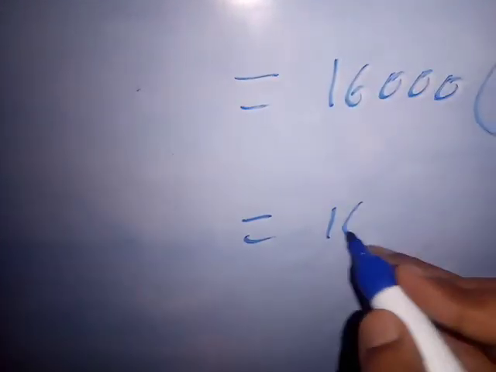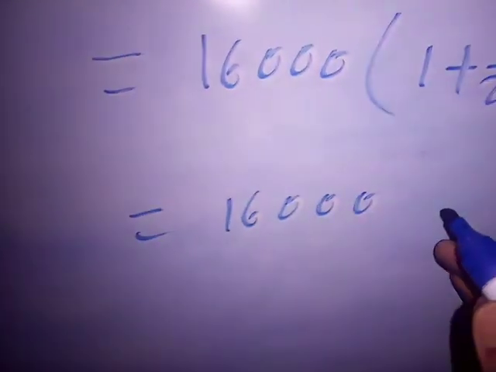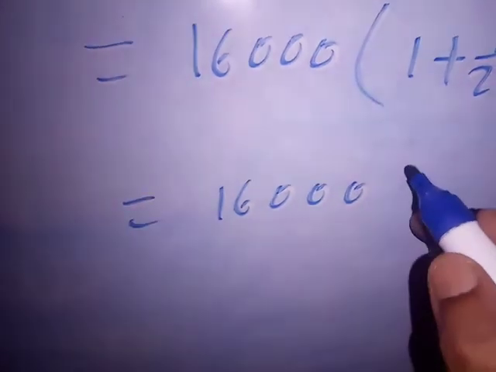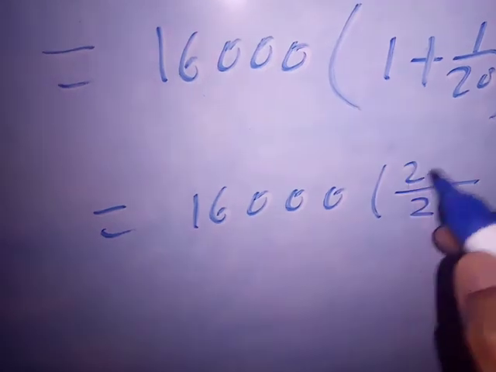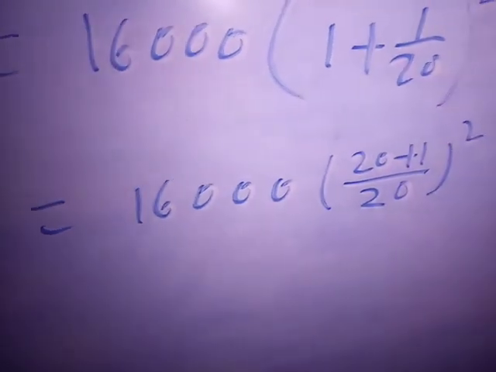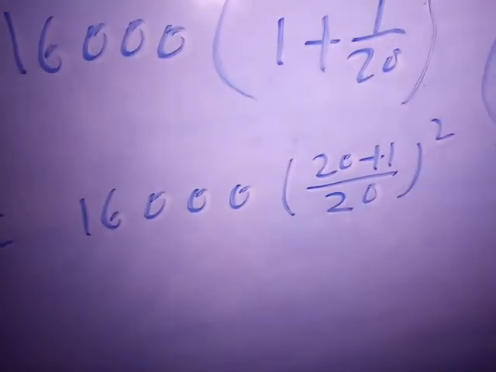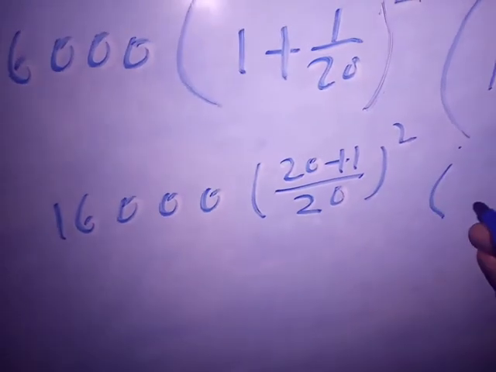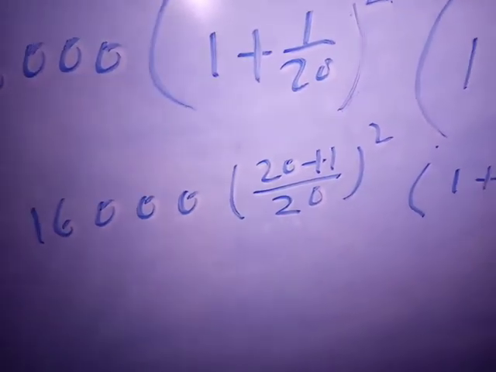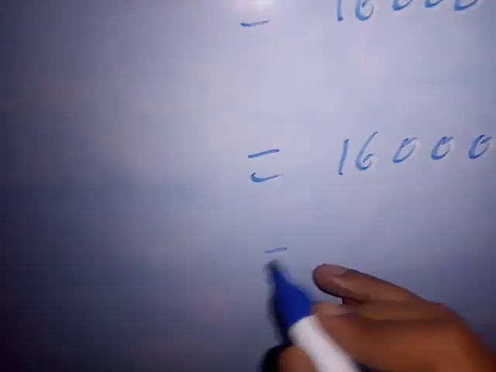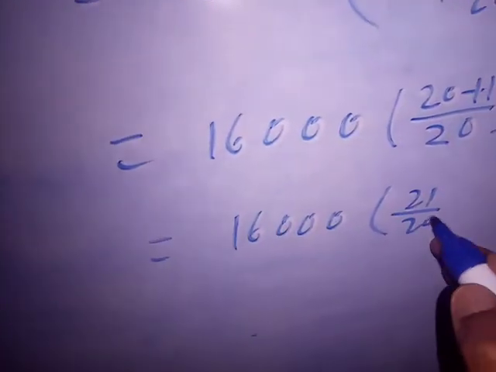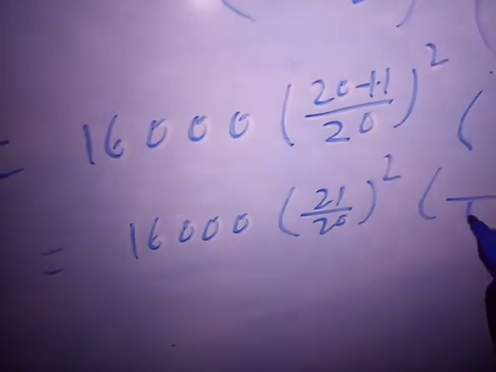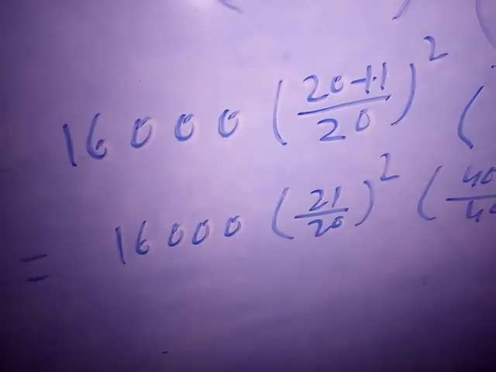Now it becomes 16,000 into (20 plus 1 by 20) whole 2, and it becomes 1 plus 1 by 40. Totally it is 16,000 into (21 by 20) whole 2, and it is 40 plus 1 by 40.